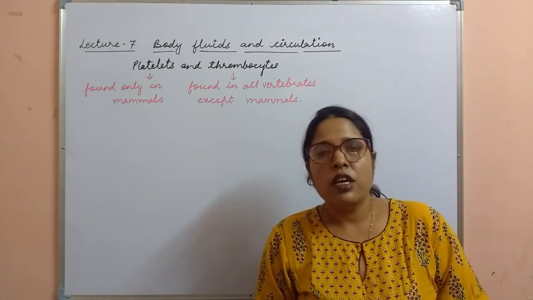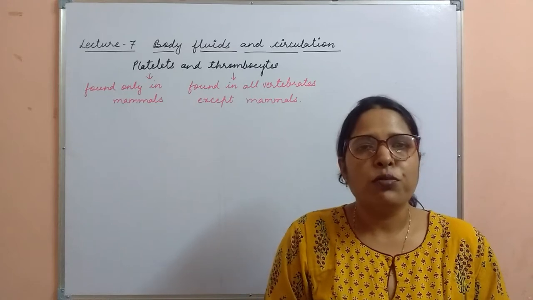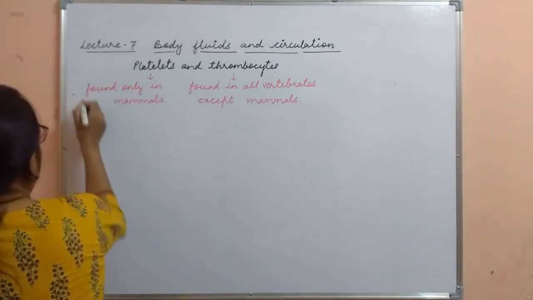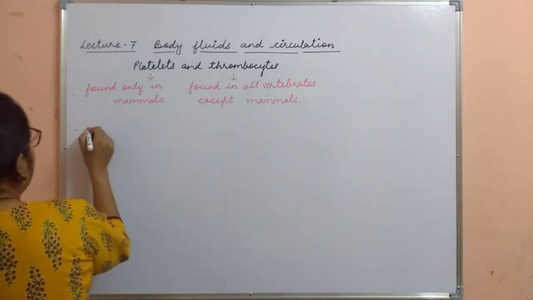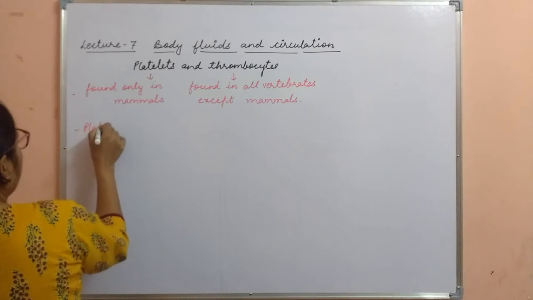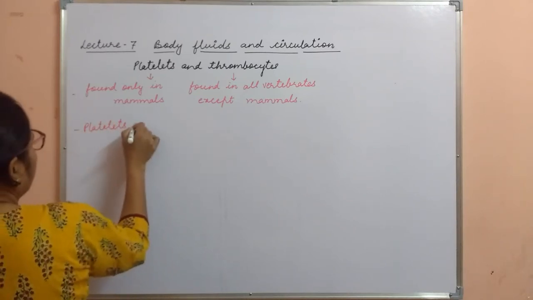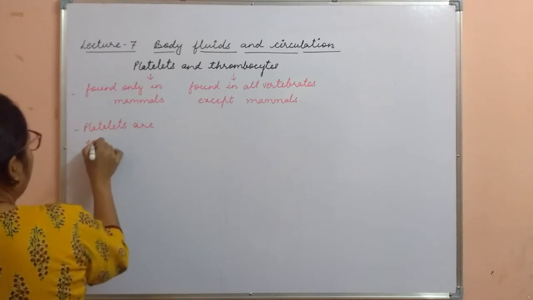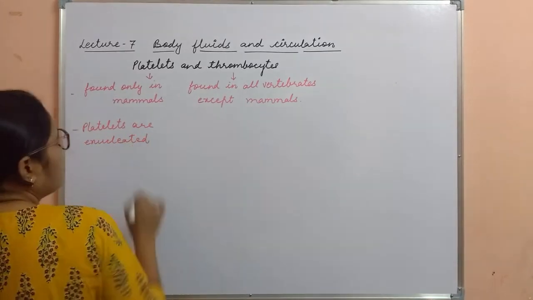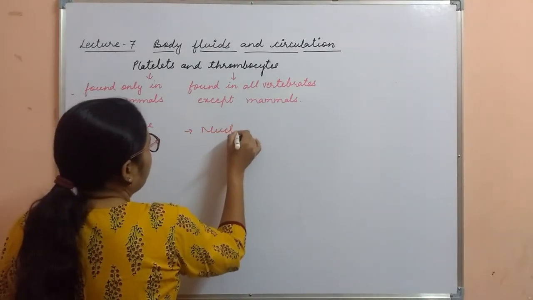The second difference is that platelets are enucleated and thrombocytes are nucleated. It means platelets do not have a nucleus, and the thrombocytes are nucleated.